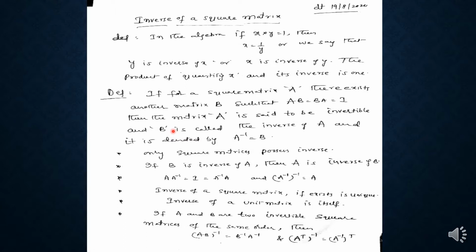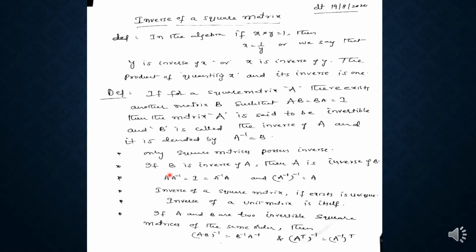If the determinant of A is not equal to 0, then it is called a non-singular matrix. And what is a singular matrix? If the determinant of the given matrix A is equal to 0, that is called a singular matrix. So for singular matrices, there is no inverse matrix. If the given matrix is non-singular, then only its inverse exists.